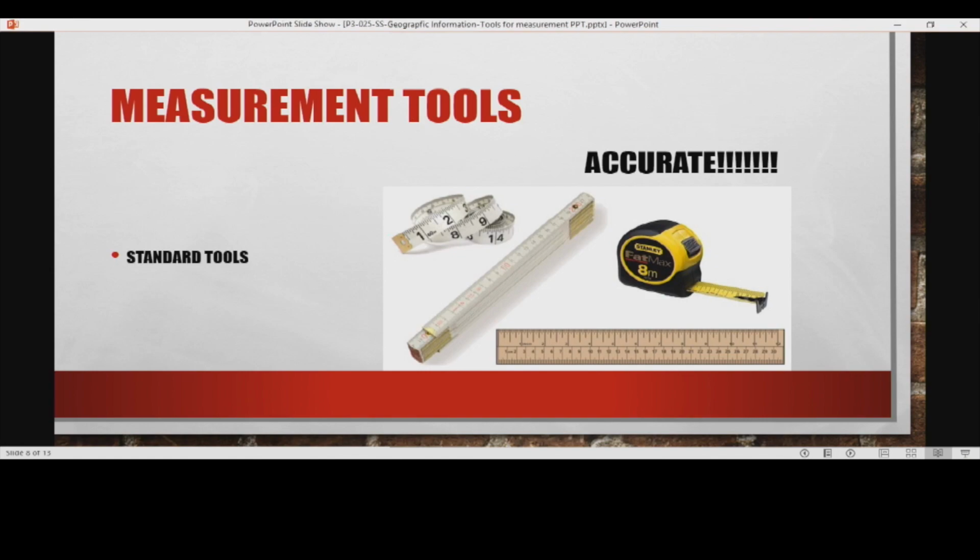Accurate. Remember that word from before? Everybody's ruler, everybody's measuring tape looks the same. So if I say on my ruler 10 centimeters, it's the same on your ruler. That's what we call accurate. Well done, guys.